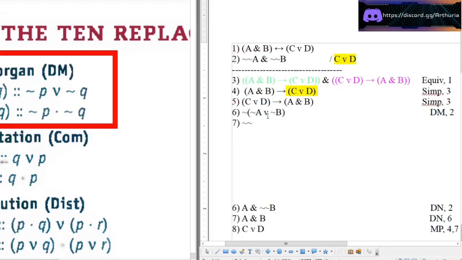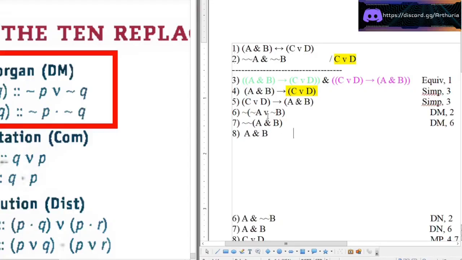So now there's 2 nots. And I write A and B. De Morgan's of 6. Then an 8. I now apply my double negation rule. This is a longer way. I get A and B through my double negation.